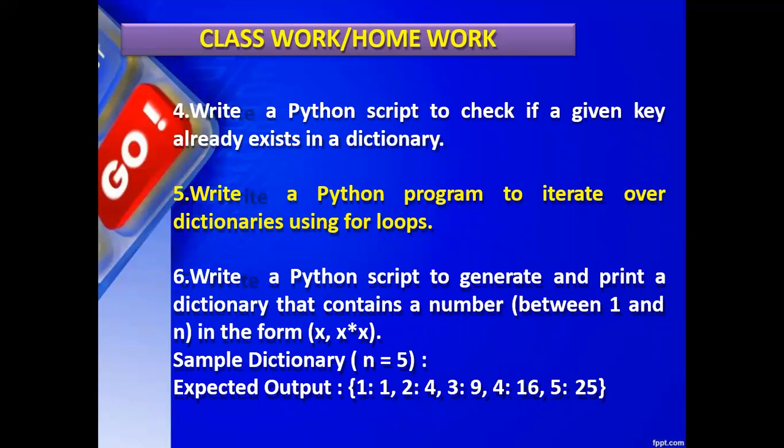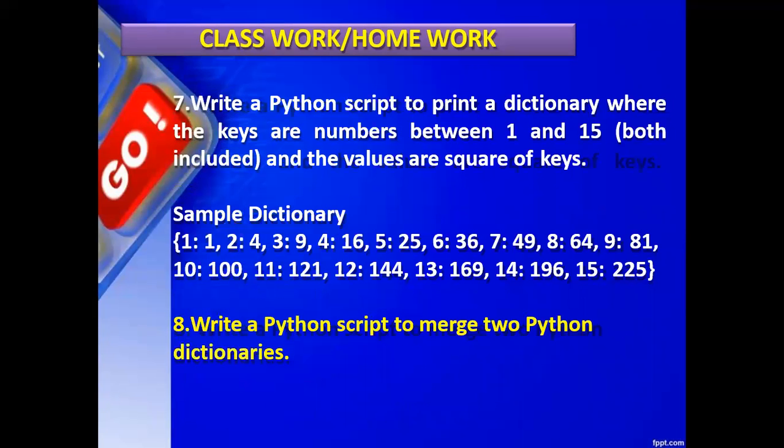Write a Python program to iterate over the dictionaries using for loops. Write a Python script to generate and print a dictionary that contains a number in the form x, x raised to x. Write a Python script to print a dictionary where the keys are numbers between 1 and 15 and the values are squares of the keys.